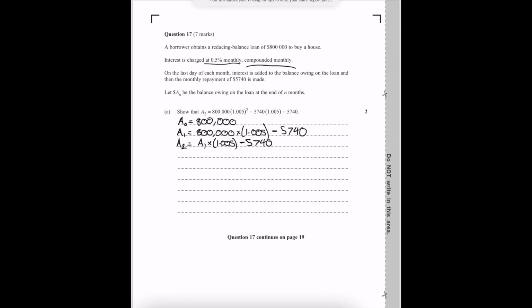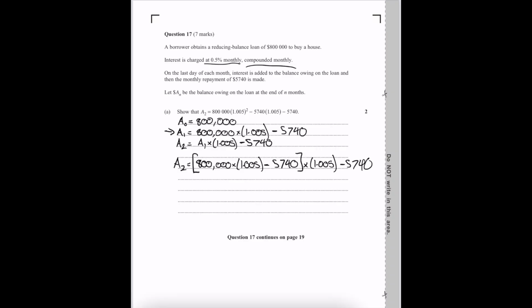That means if we then substitute A1 for what we have over here, we then get A2 is equal to 800,000 times 1.005 minus 5,740. All of that, which is A1, gets multiplied by 1.005, and then we subtract 5,740.